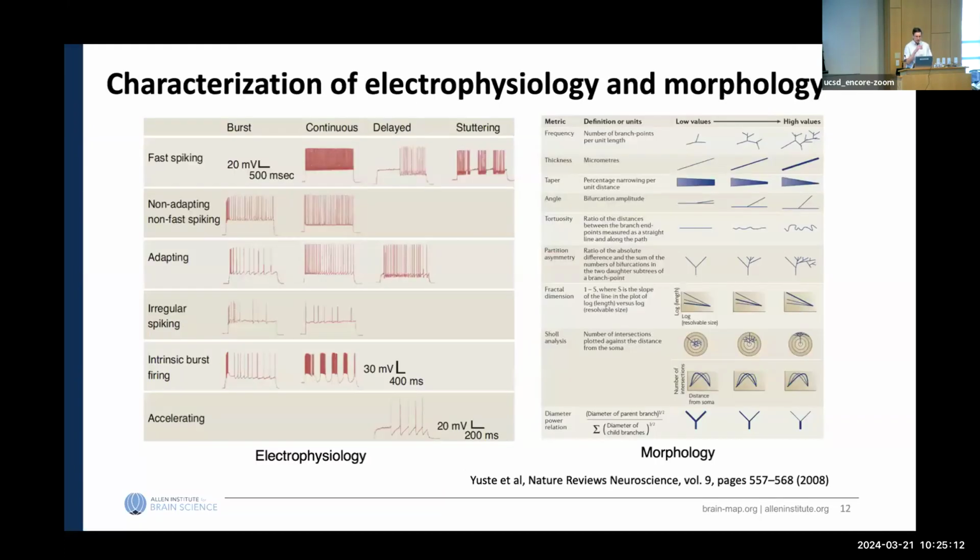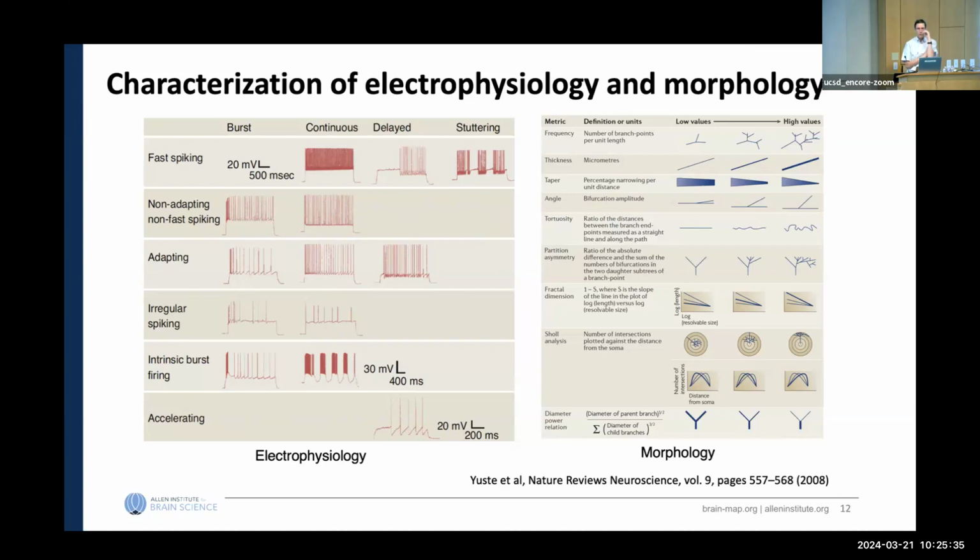And then, for example, in terms of the electrophysiology, they characterized the kind of cells that they observed and saw, from bursting to continuous firing patterns. A lot of computational neuroscience is really devoted to the physiological analysis of data, right?